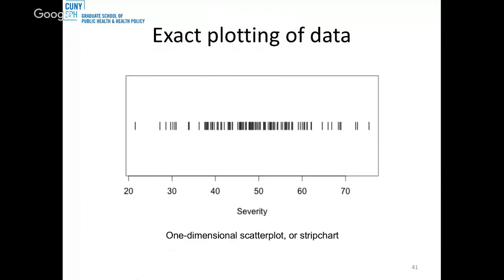Another option is exact plotting of the data. This is actually often pretty useful, and you can do it in instances like this. This is a one-dimensional scatter plot here. You just put a little line for each one of the data points, and that exact plotting can be useful.